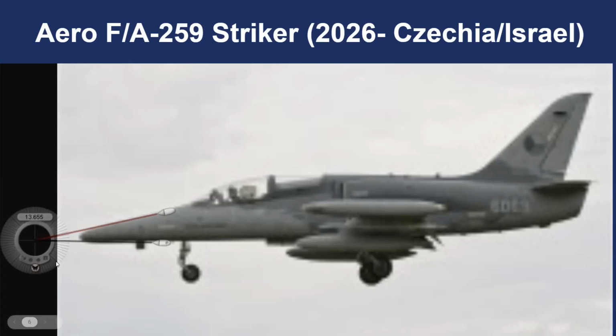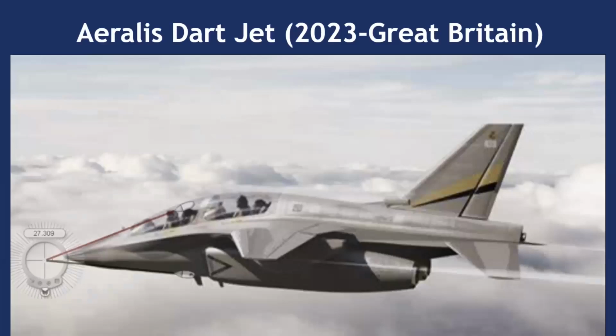So a lot of these aircraft are going to have flat bottoms. That's the best understanding that I have. But don't be surprised when you see the 13.655 angle as opposed to the 27.309 that we normally see.